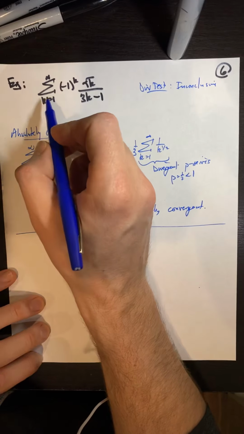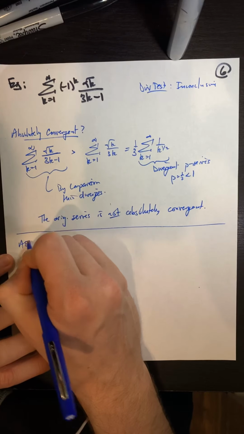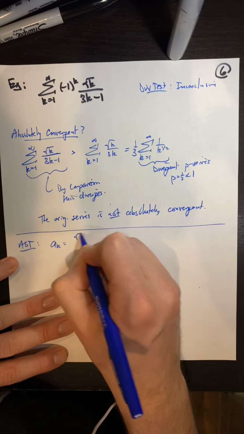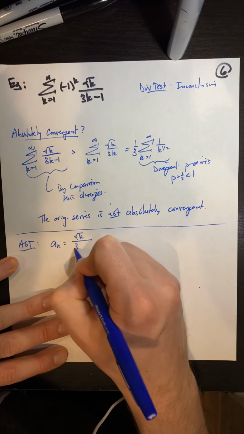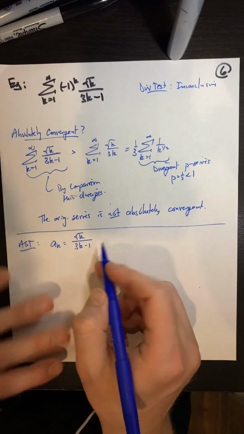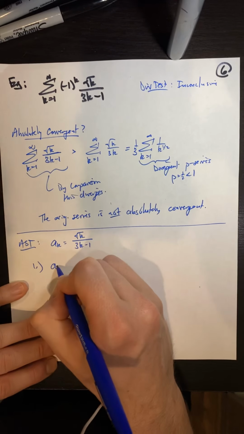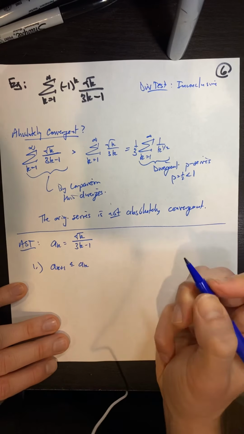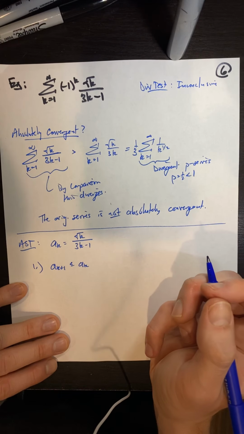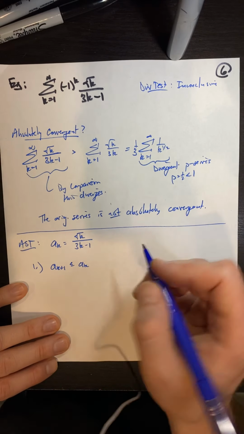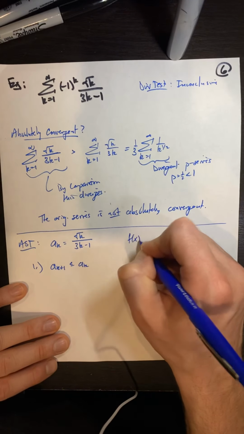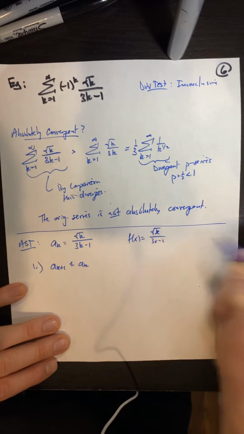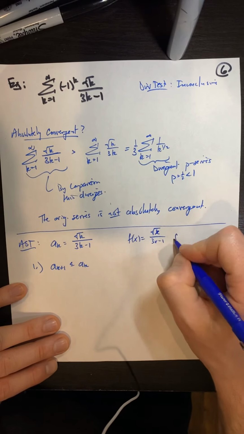So the only way I can test this now is using the alternating series test. Here, define a sub k to be this thing. Two things have to occur. Is the next term smaller than the previous? Well, sometimes this can be hard to figure out. So I'm going to call this function f, and then what would be the derivative?